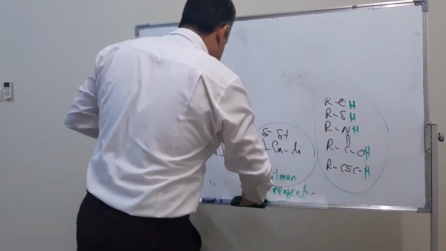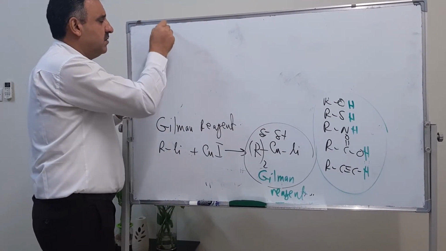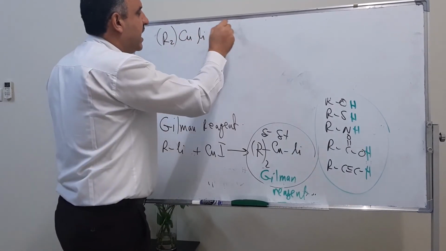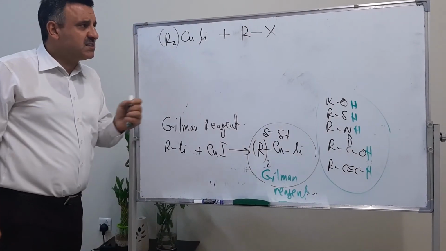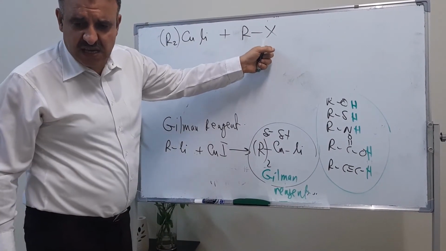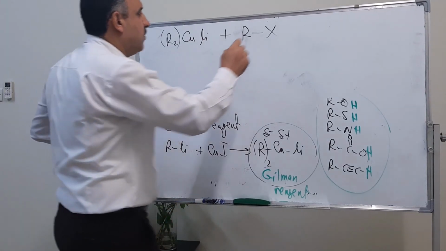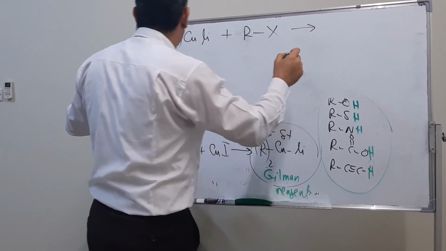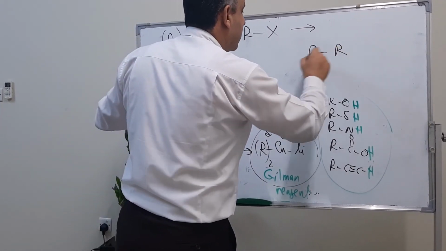The Gilman reagent has the ability, as you can see, R2 copper lithium can react with RX, where X is any halide, any halogen, and R is any alkyl. Now, what we can get here is an R compound.